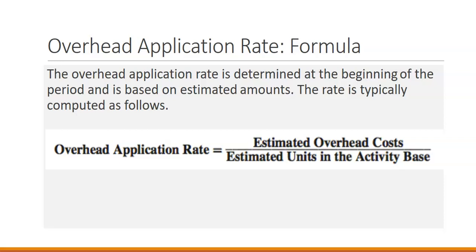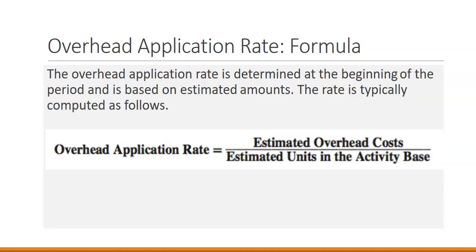One of the most common units for applying overhead is direct labor. So let's say we're going to use direct labor hours to apply overhead. And in this example, we plan to have $100,000 in overhead for the year.